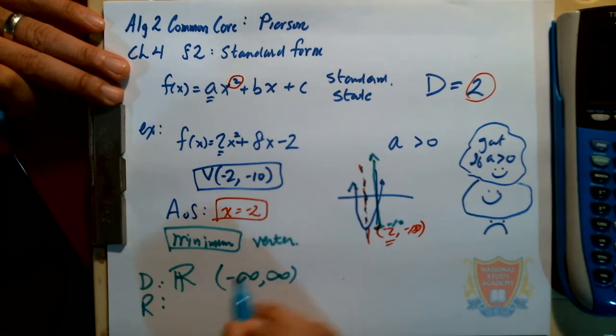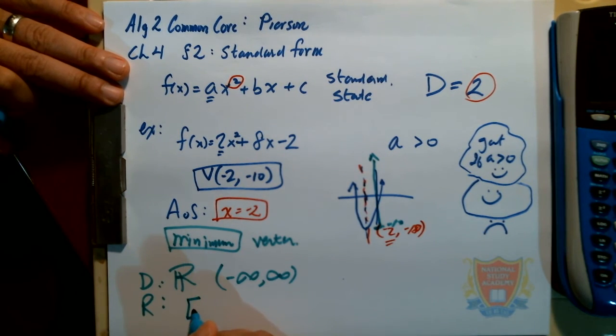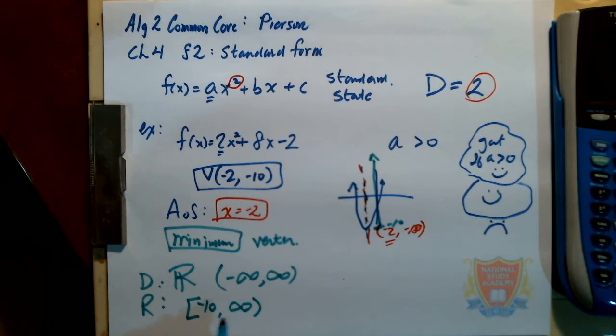So it's going to be from -10 inclusive to positive infinity. Don't forget, infinities always end with parentheses, just like here and here. This means all real numbers. This means inclusive of -10 to infinity.